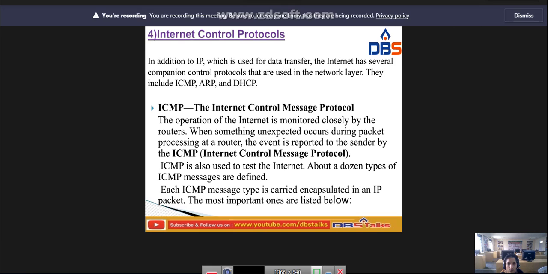They include ICMP, ARP and DHCP. These have standard abbreviations. ICMP means the Internet Control Message Protocol.